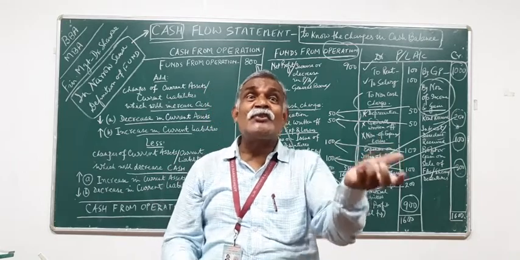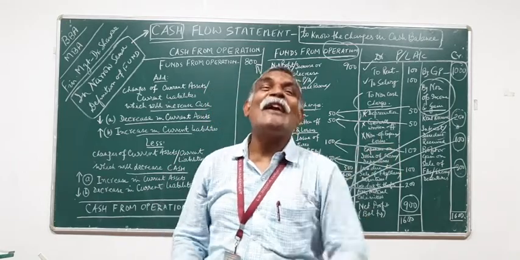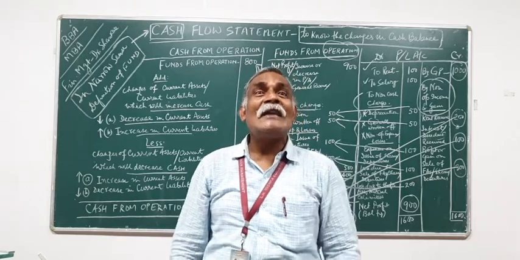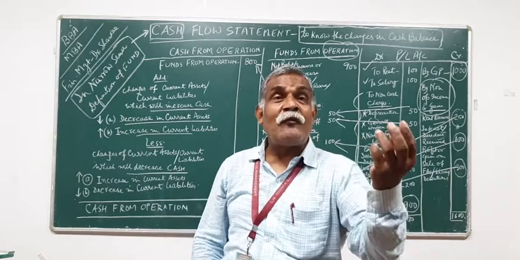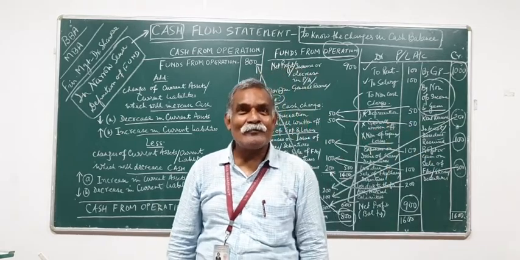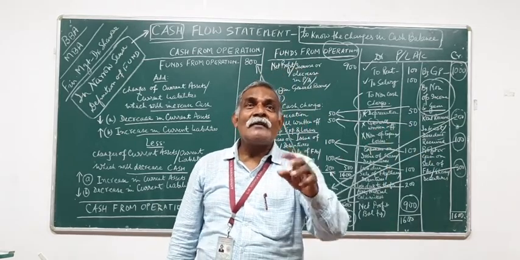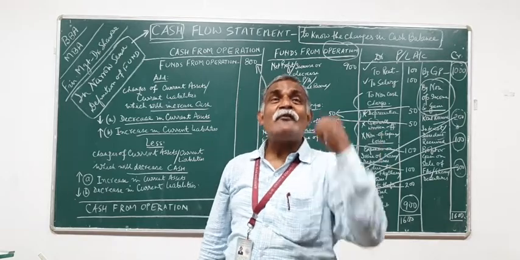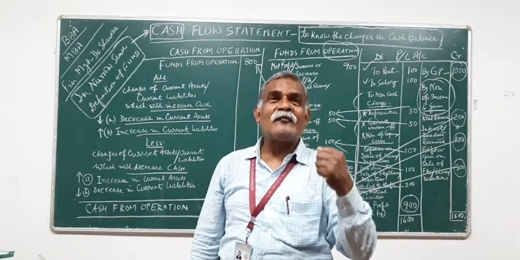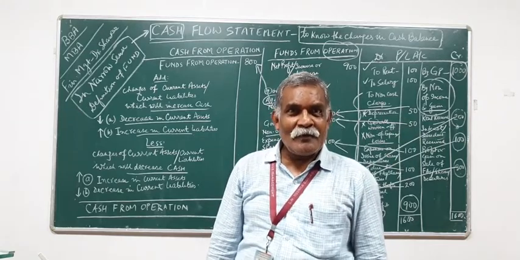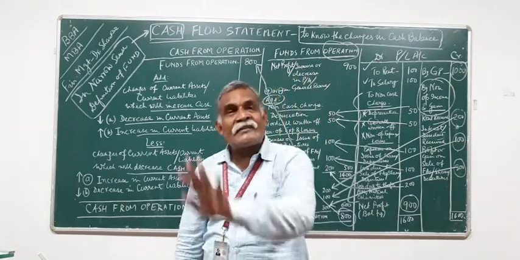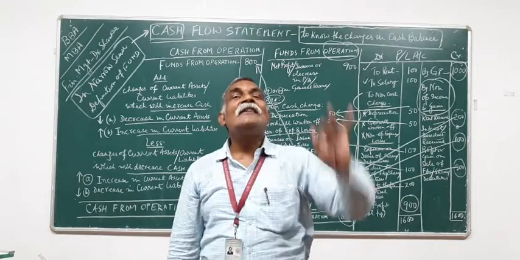This increase is due to the purchase. Earlier we had 10 packets of Pepsodent toothpaste. Now we purchased 10 packets again of 10 rupees. So 10 became 20 rupees. Unless you purchase, the stock will not increase.